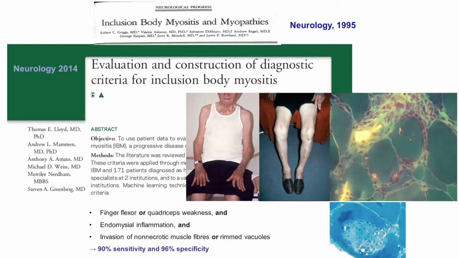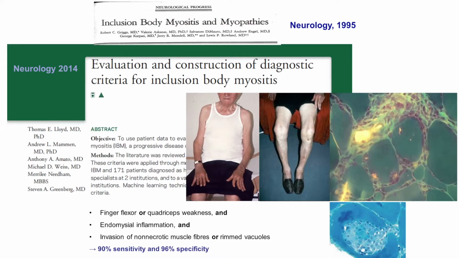But we had to wait more than 20 years for the first definitions of inclusion body myositis, done by a group of experts in a workshop report.